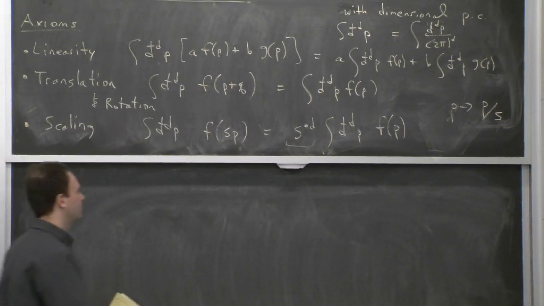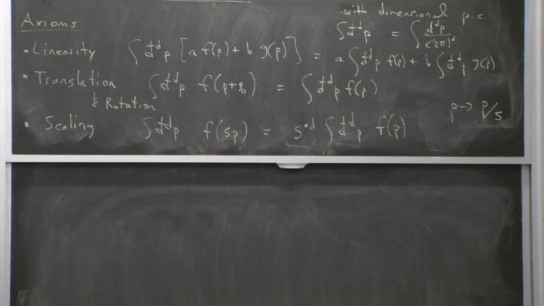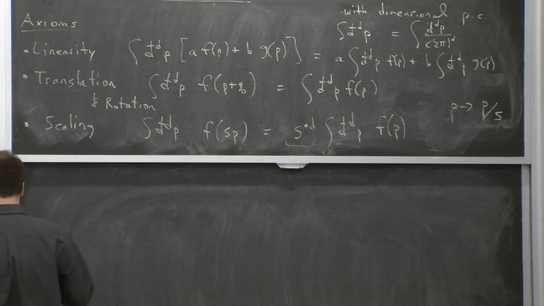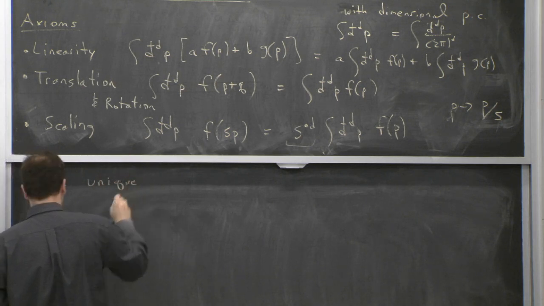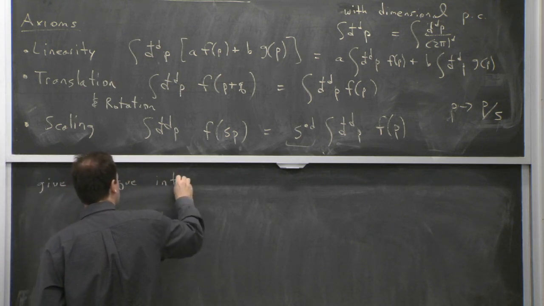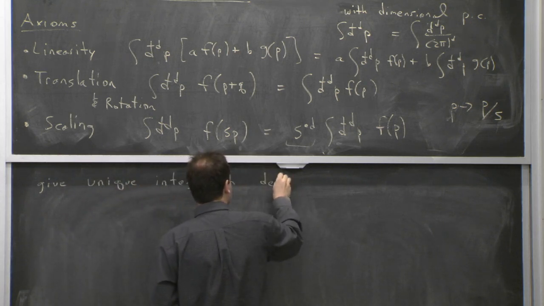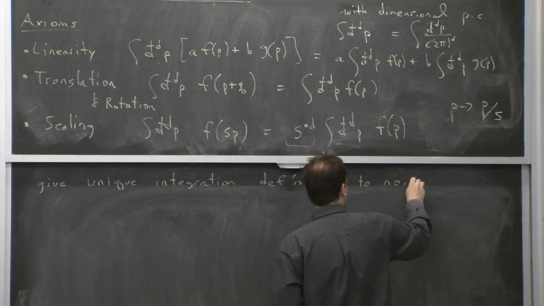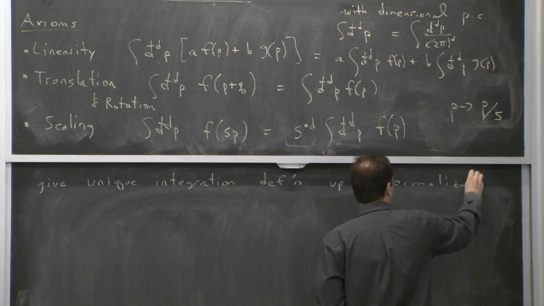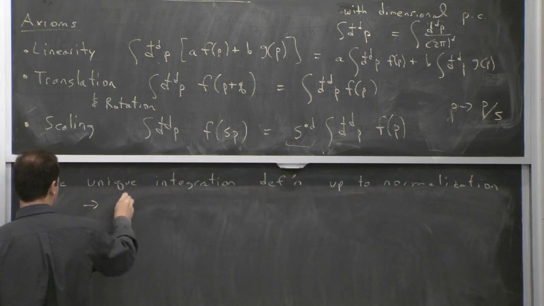Even if I call this measure some abstract thing, now there's a d showing up outside the measure. And these three together actually give a unique definition to the integration up to the overall normalization. And that unique thing is dim-reg.